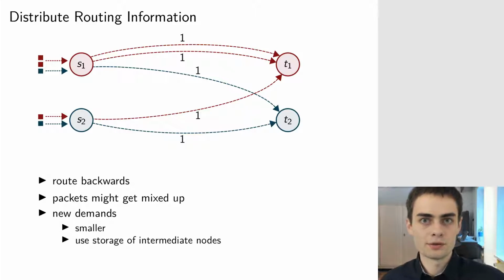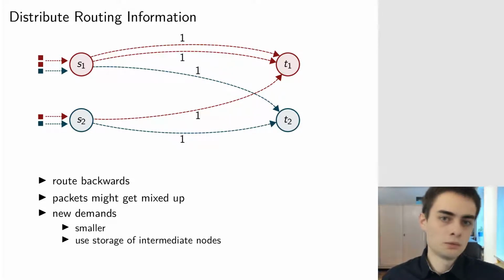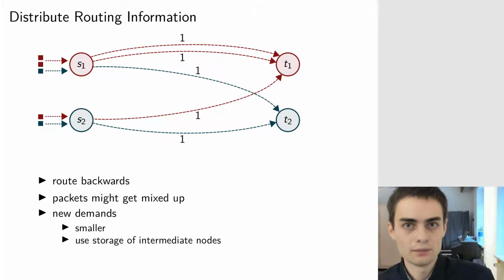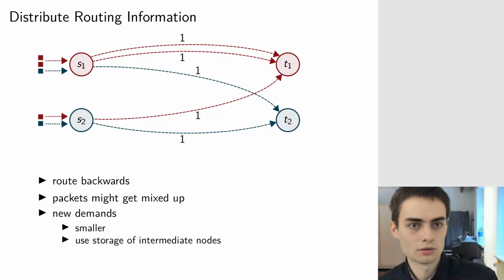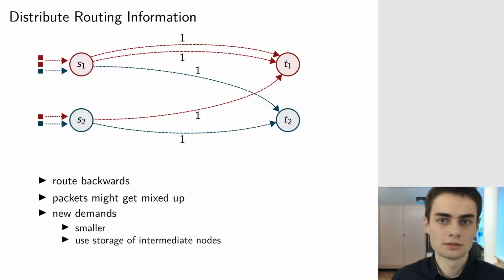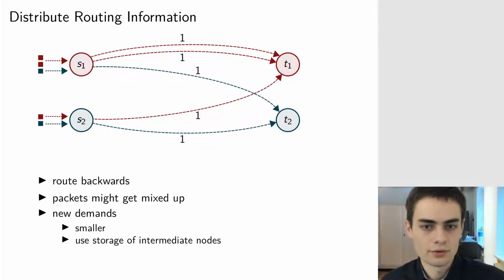So it's possible that we need to apply the scheme recursively. So we split up the demands, and then we route some of them using a single path, and the others we split up again. And the information for that then will be always stored in the intermediate nodes. And finally, we can route them using a single path, which again is stored using the coin flips in the intermediate nodes. And after that stage, we're done.